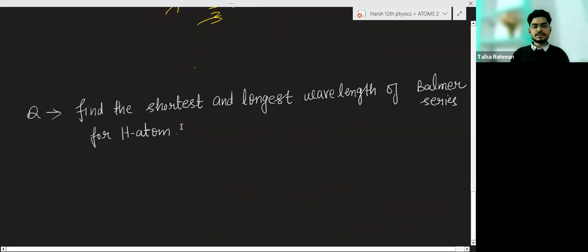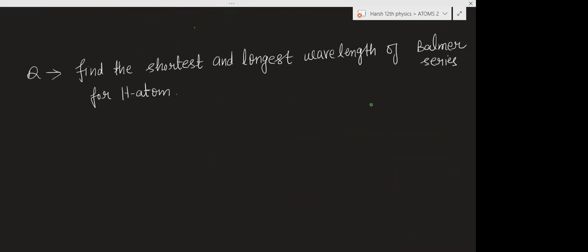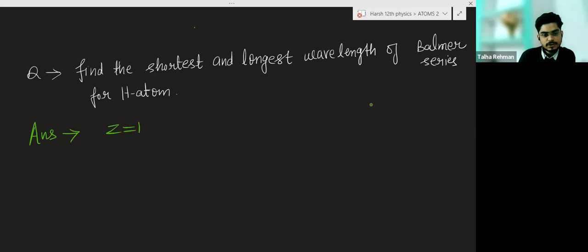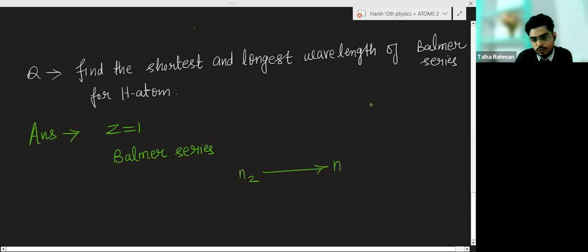Find the shortest and the longest wavelength of the Balmer series of a hydrogen atom. For hydrogen atom, Z value is 1, and they are saying the Balmer series. What is the condition for the Balmer series? Electron should move from any n2 to n1 equal to 2.